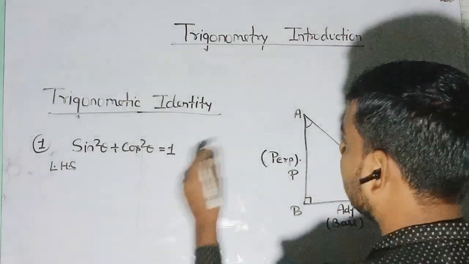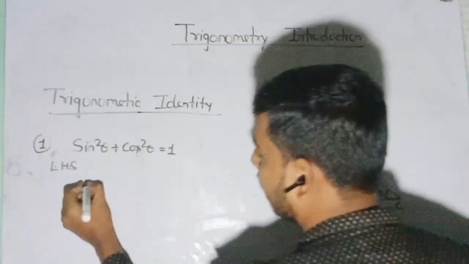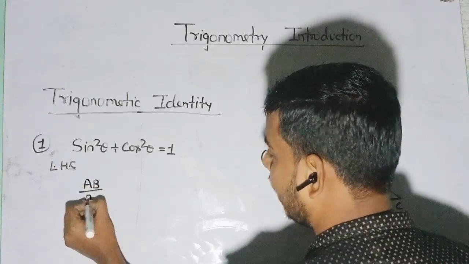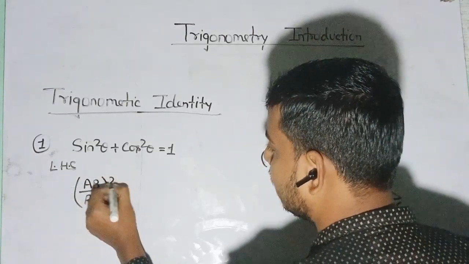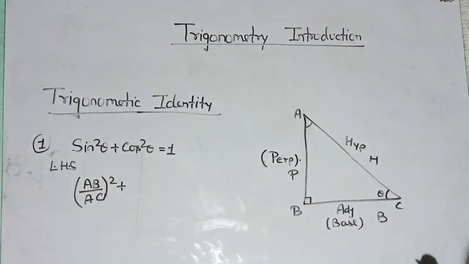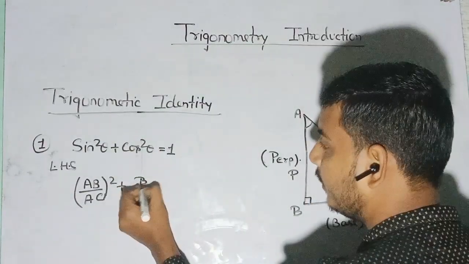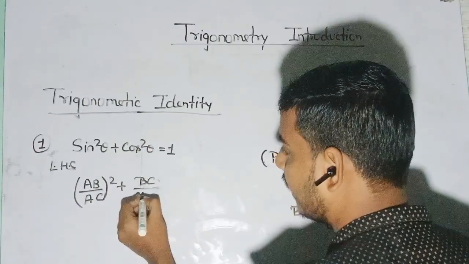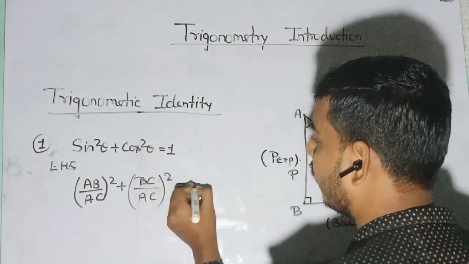So sin theta is side AB upon side AC, the ratio AB by AC. This is squared, plus cos theta, which is base upon hypotenuse, means BC upon AC, whole squared.